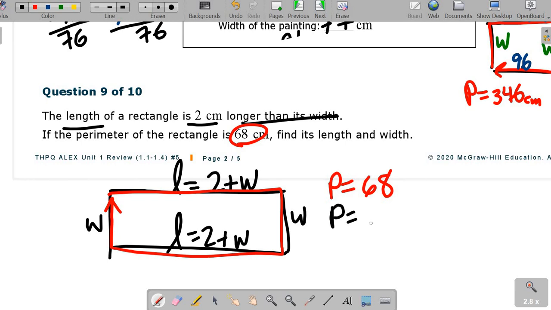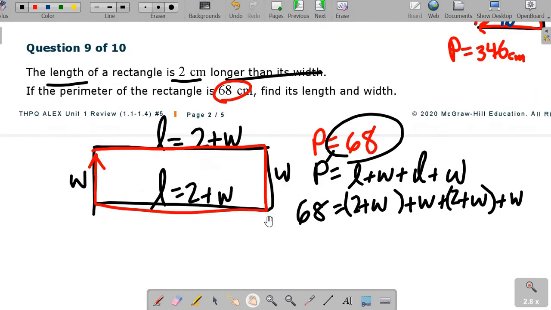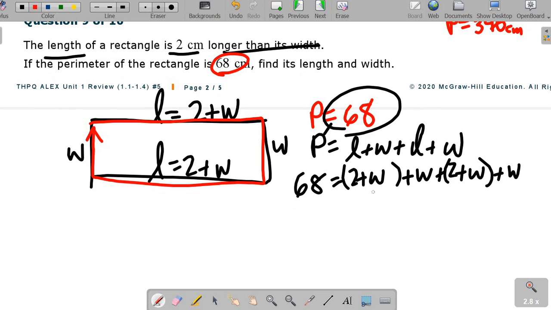So perimeter equals length plus width plus length plus width. 68 equals 2 plus W is our length, plus W, plus 2 plus W, plus W. Collect like terms.